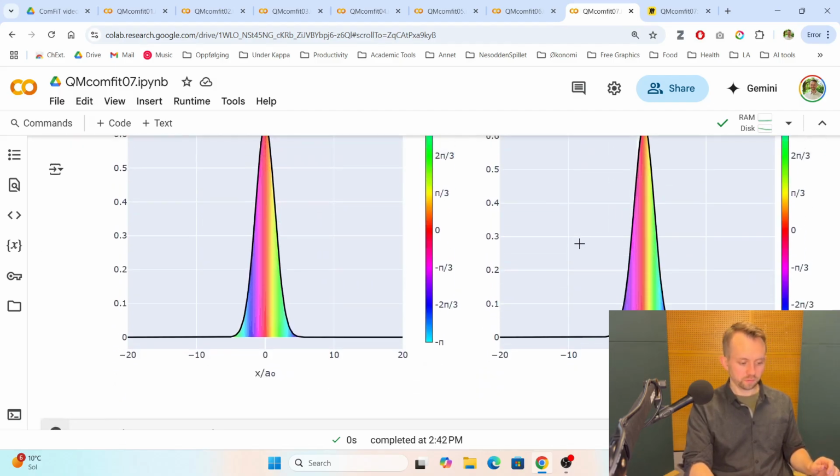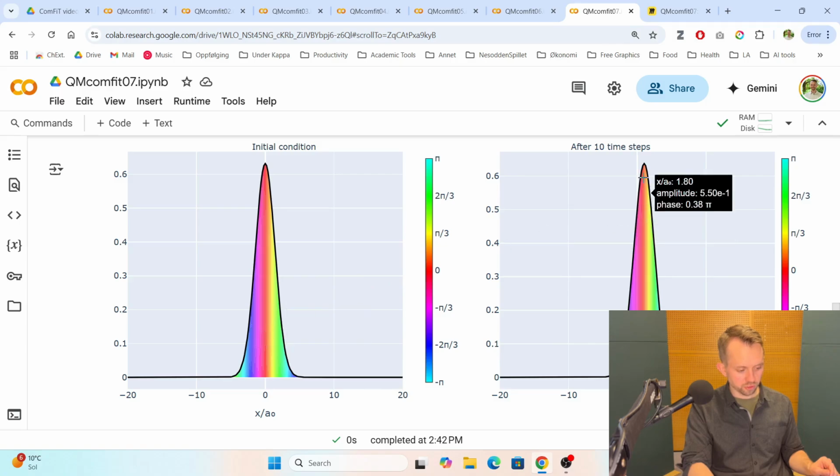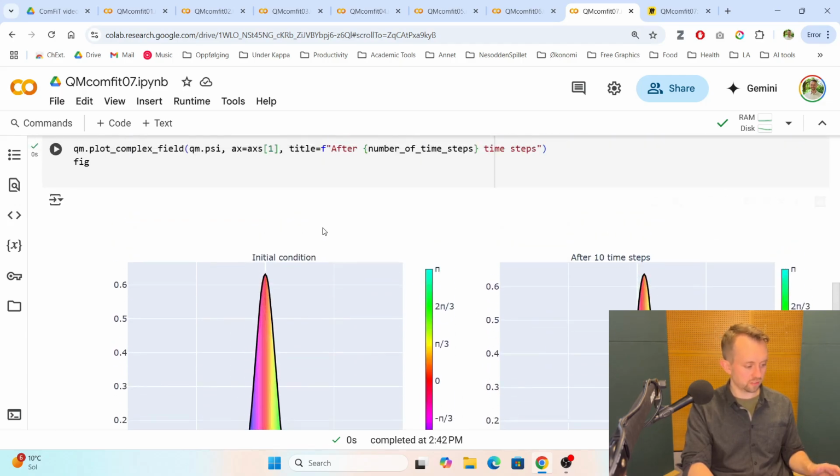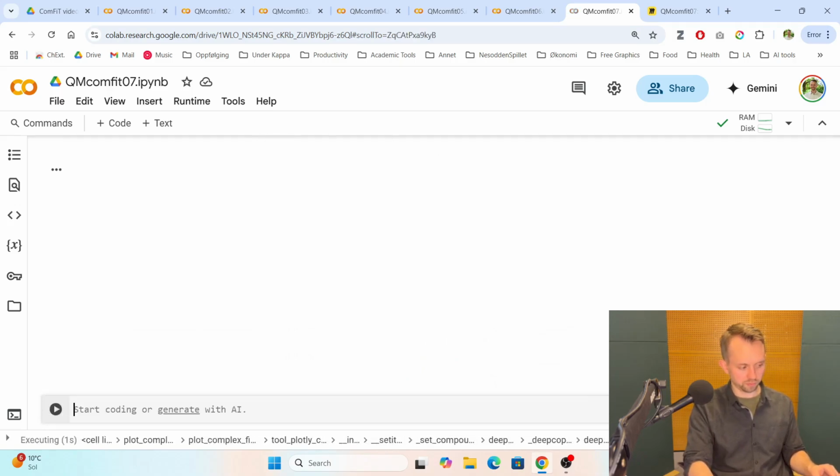Right. So here we see that we start with the initial condition, a centered Gaussian. And after 10 time steps, due to the initial velocity that we gave the function, the whole function has moved slightly to the right. Let's try to evolve for 20 time steps. Hope it doesn't break.